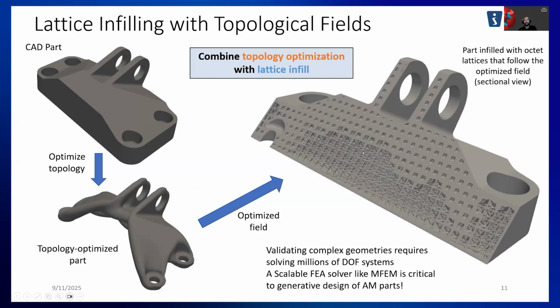And everywhere else, for example in this region where the TO part doesn't have anything, you can replace that with really basic minimum lattices. So in this example, it's a combination of both topology optimized part and field-driven lattices. You can create all these intelligent workflows thanks to automated simulation, because you don't have to go through meshing. You don't have to go through pre-processing, right?